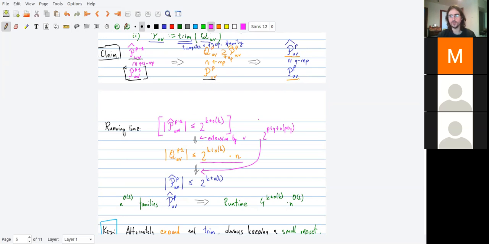Let's write it maybe better as 2 to the power k plus small o of k, times the size of the family on which I apply it. And now the point is that this family is not of size n to the k or n to the p, but it is actually much smaller.